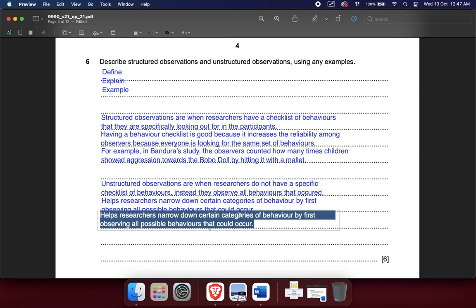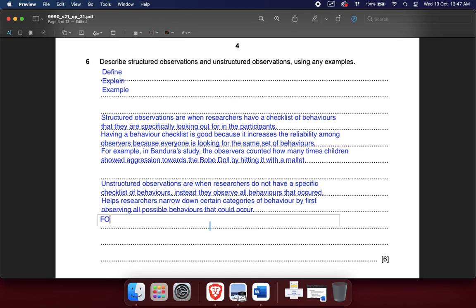Right? So we looked at Bandura, for example. Okay, so let's take Bandura's example, right? For example, in Bandura's study, the children would say things that, let me think, how can we give a good example?